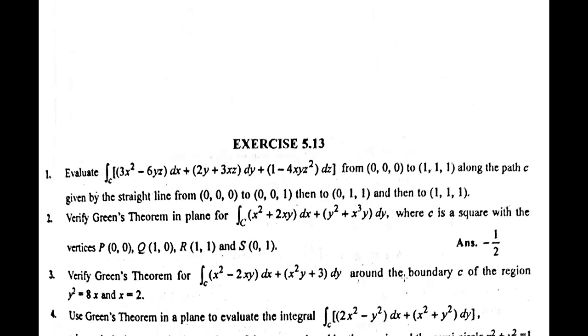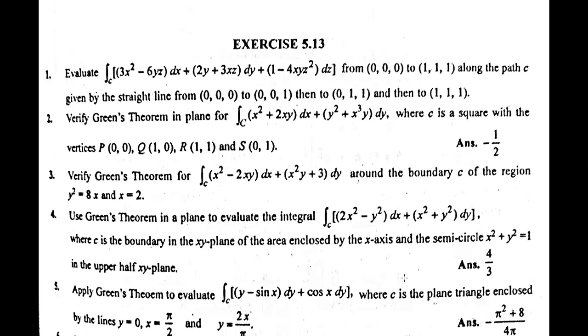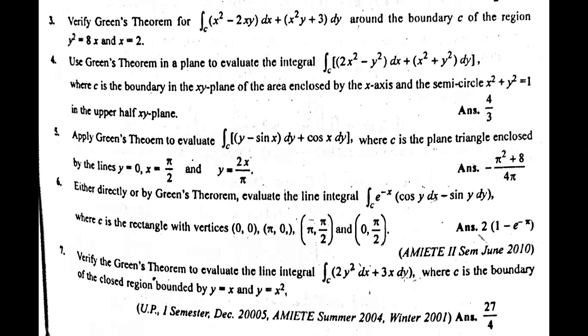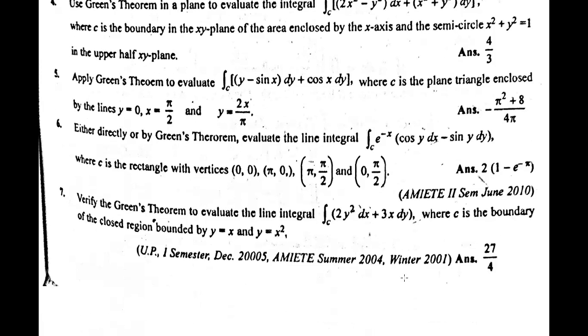Now this exercise 5.13 is related to Green's theorem, because I did not share this exercise in the previous video lecture yesterday. You can see that there are a total of 7 questions with answers.